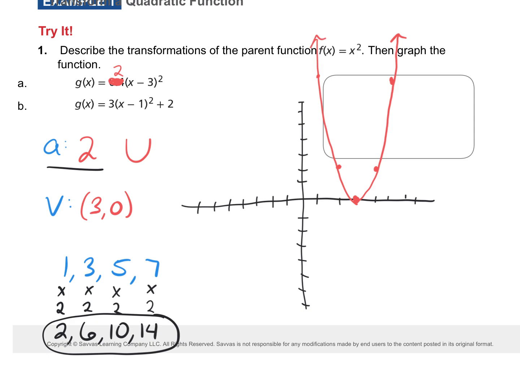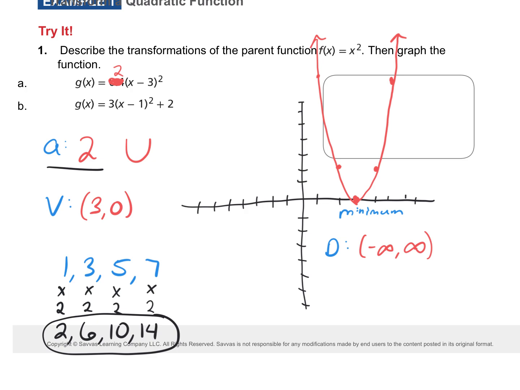Okay, a couple things I want to answer. Is this a maximum or a minimum? Minimum, good. What is my domain? What's the least x value? Negative infinity. What's my highest x value? Positive infinity.